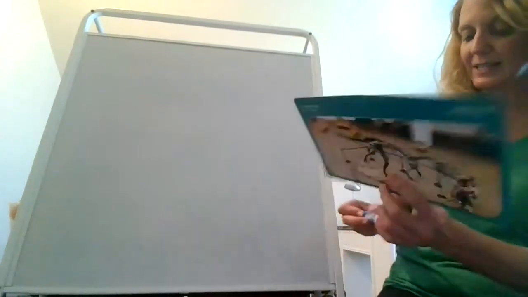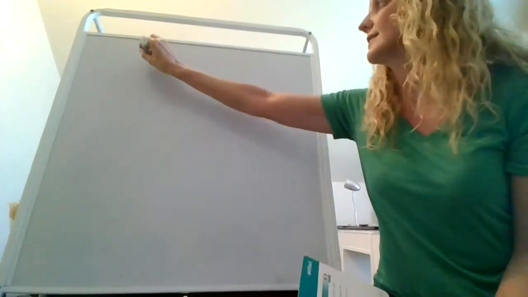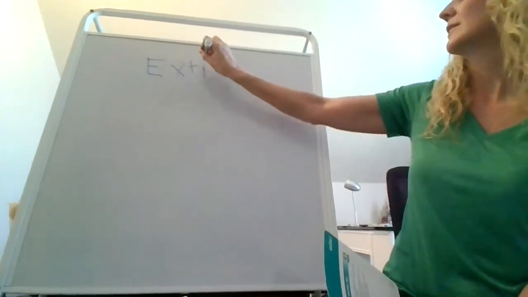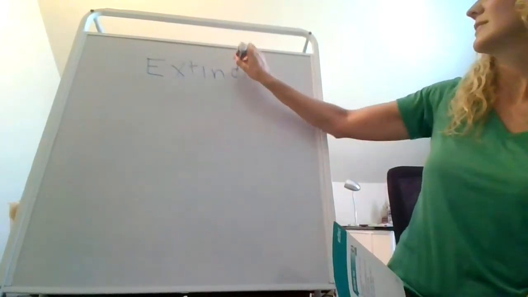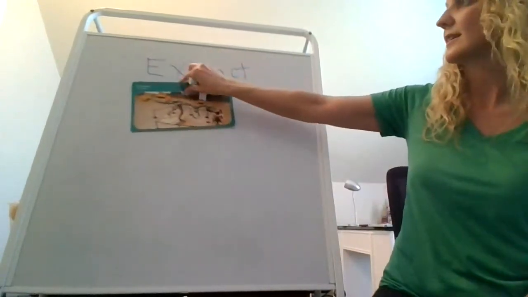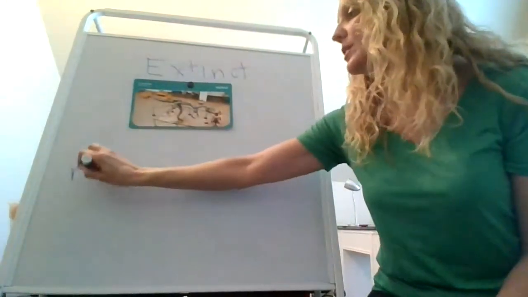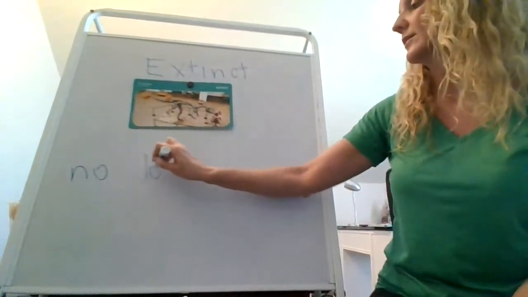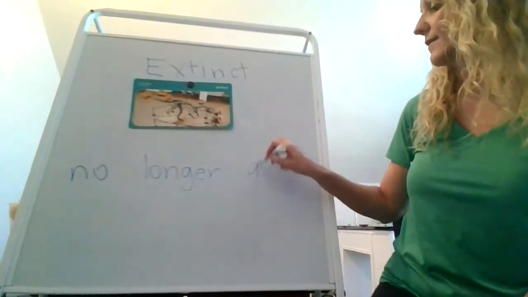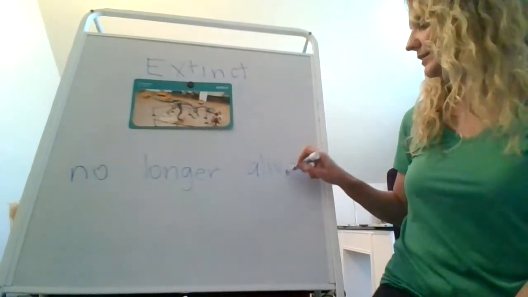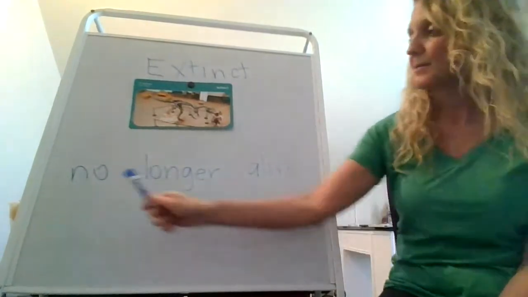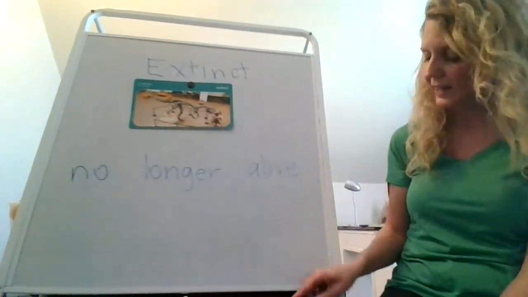So let's write extinct on your paper. Extinct means no longer alive. All right, extinct means no longer alive.